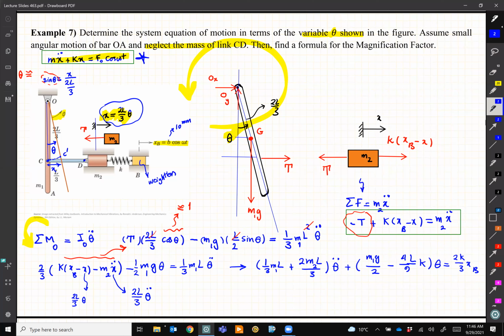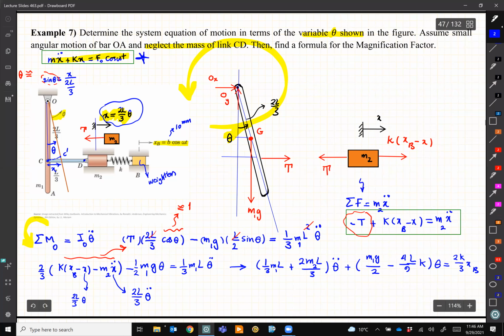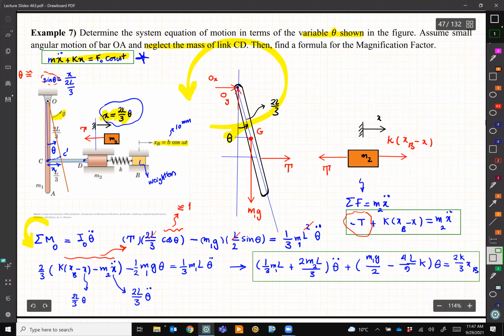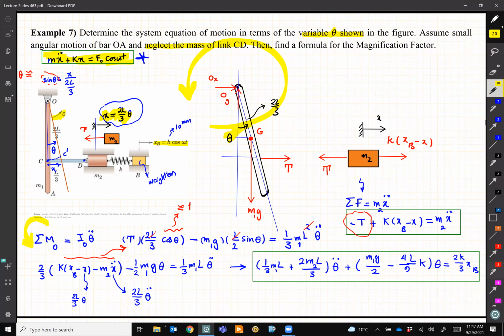But my point here now, we get to the equation that we wish to get, like the standard form, right? What was our standard form? We have it upstairs here. So this is our m, this is our k, and so if I substitute xb by what I have, which is b cosine omega t, then I have my F0 as well.